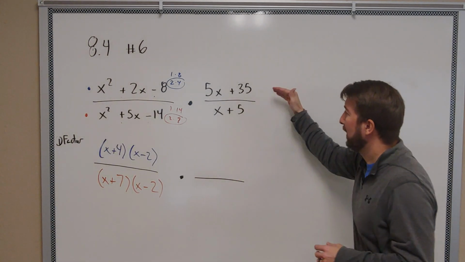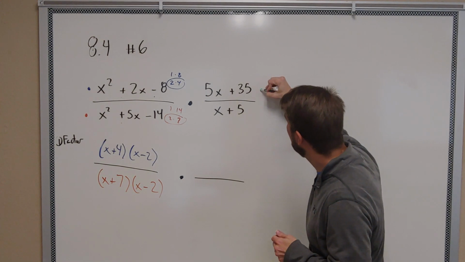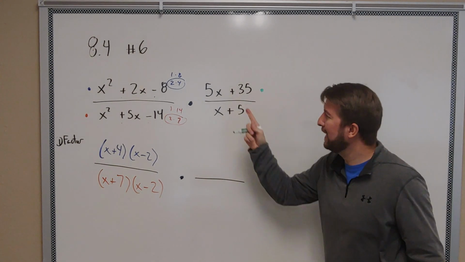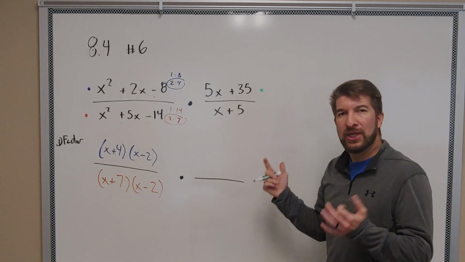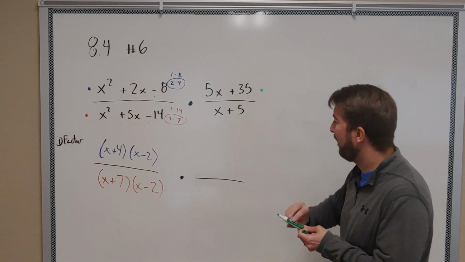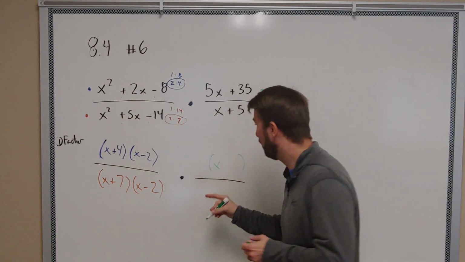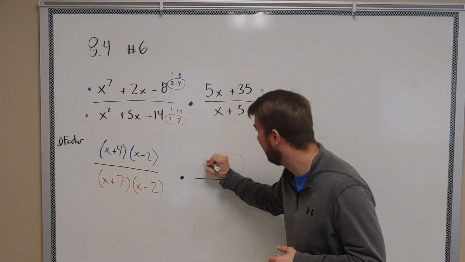Then I do the same thing over here. We'll call this one the green equation. What I notice about this is that I don't have an x squared, I just have a 5x. So when I factor, I'm looking to get an x all alone in parentheses with another number. To do that, I'm going to have to get rid of this 5.